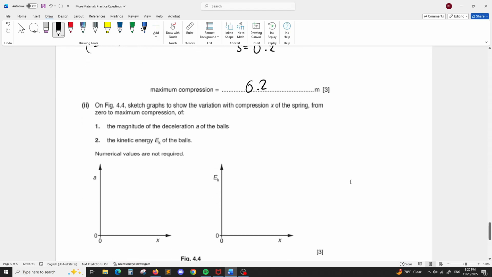On figure 4.4, sketch the graphs to show the variation of compression x of the spring from 0 to maximum compression of 1, the magnitude of the deceleration a of the balls, and 2, the kinetic energy of the balls. Okay.